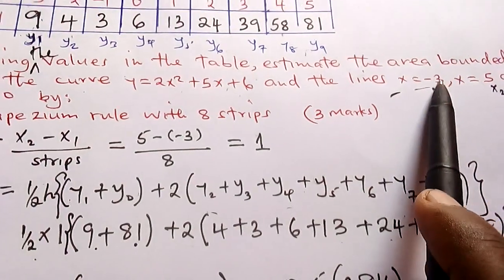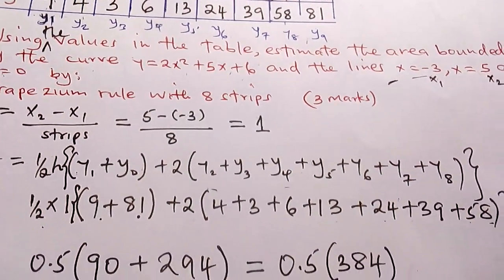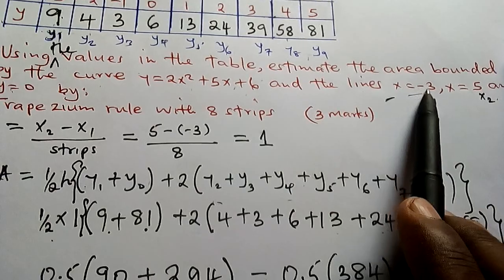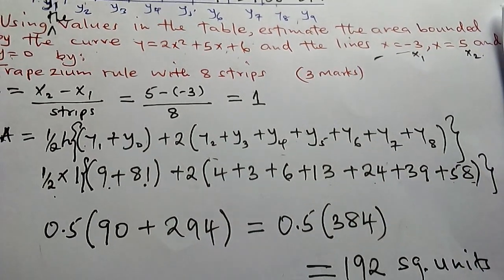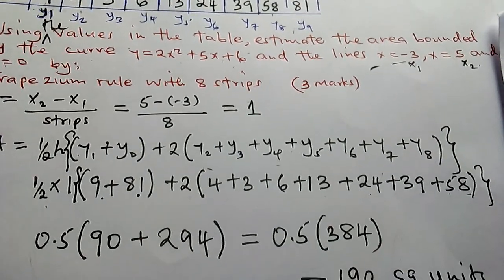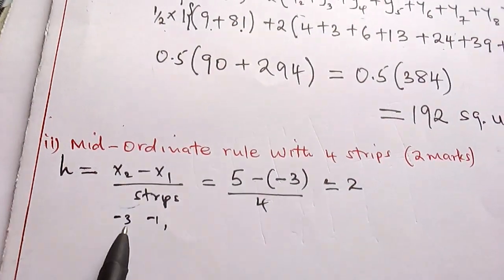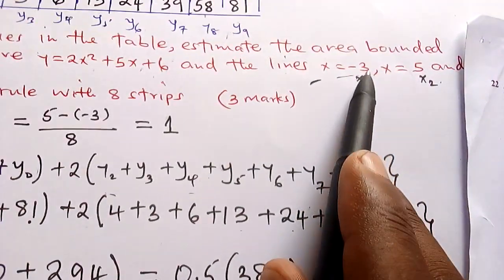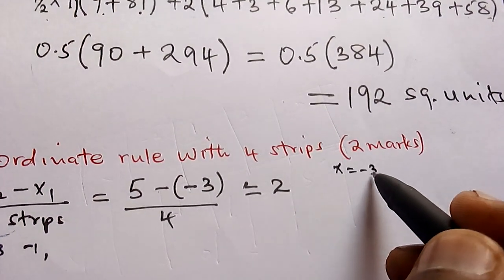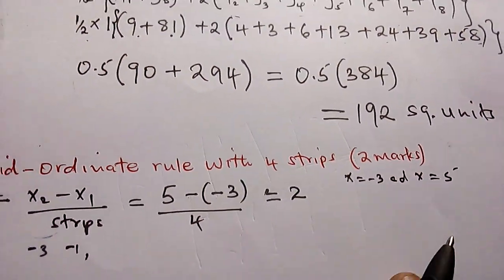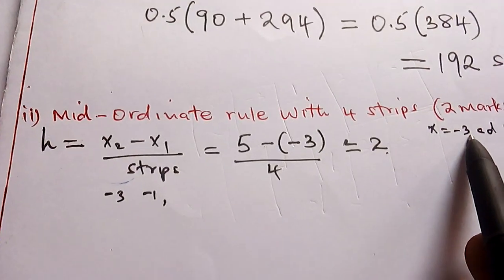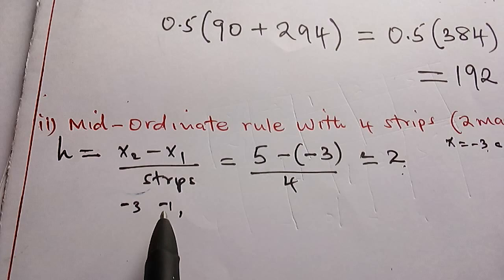So we are going to begin from -3. Our height will help us to write down the range. From -3 plus 2, you have -1.